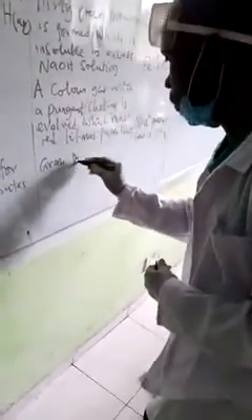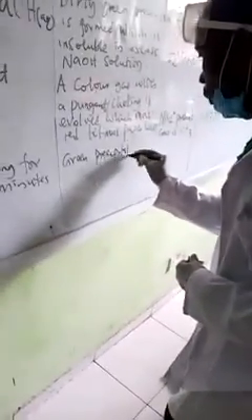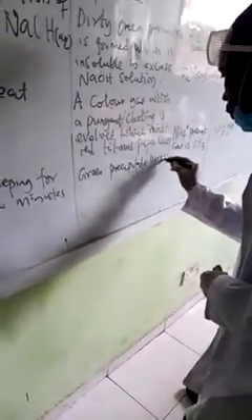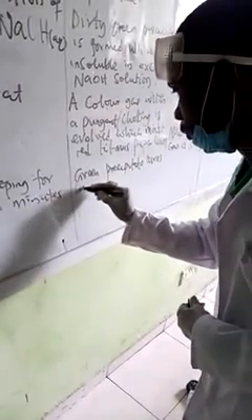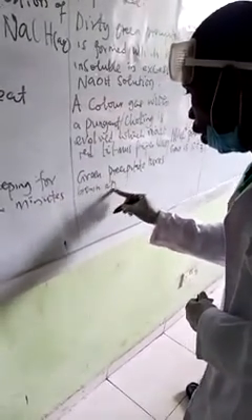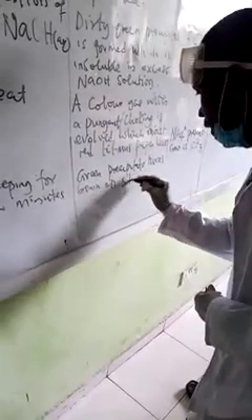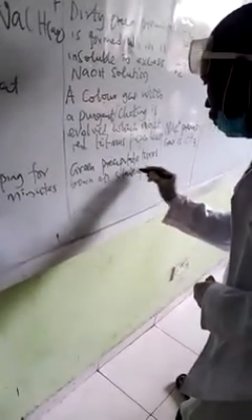Green precipitate turns brown on standing. So what is the inference? Remember that Fe2+ ion is green in color, while Fe3+ ion is brown.